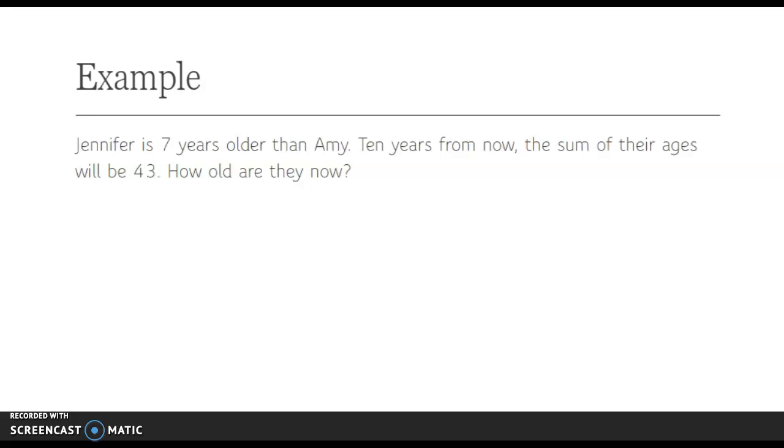Let's look at another example. Jennifer is 7 years older than Amy. 10 years from now, the sum of their ages will be 43. How old are they now? This is a classic kind of a question that you come across, and it's a little bit tricky. But I think what we need to do is let either Jennifer or Amy's age now be, it wouldn't matter if we chose Amy or Jennifer.